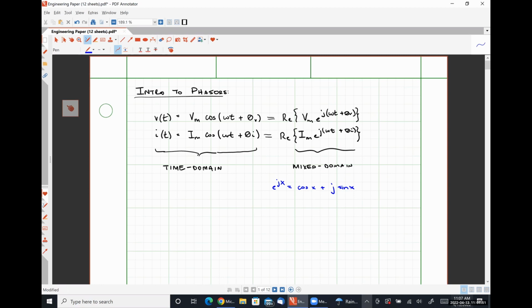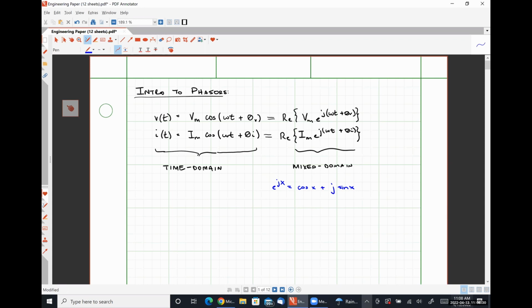So our time domain signal contains 3 pieces of information: a magnitude, an angular frequency, and a phase angle, right? So here's our magnitude, Vm and Im respectively, an angular frequency of omega and omega, and a phase angle of theta v and theta I. Our mixed domain representation, or our complex number representation, contains those exact same 3 pieces of information about our signals.